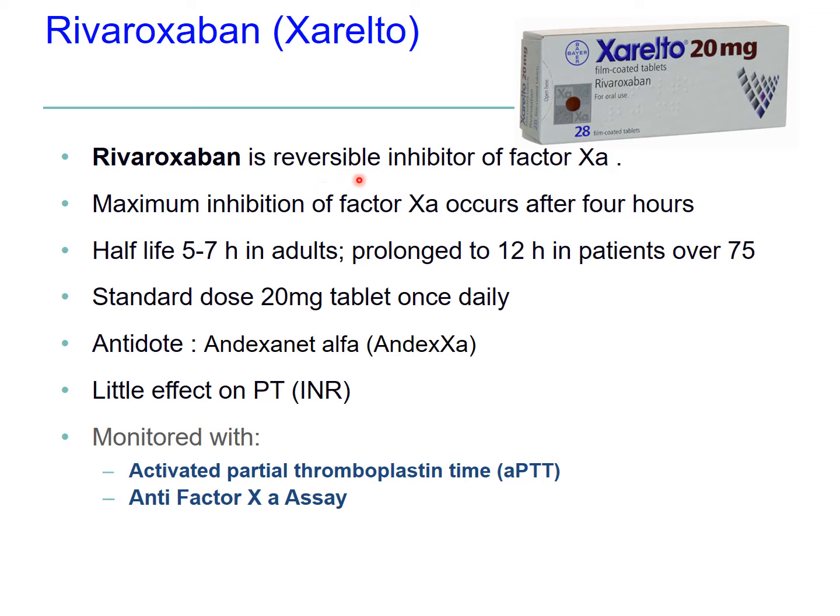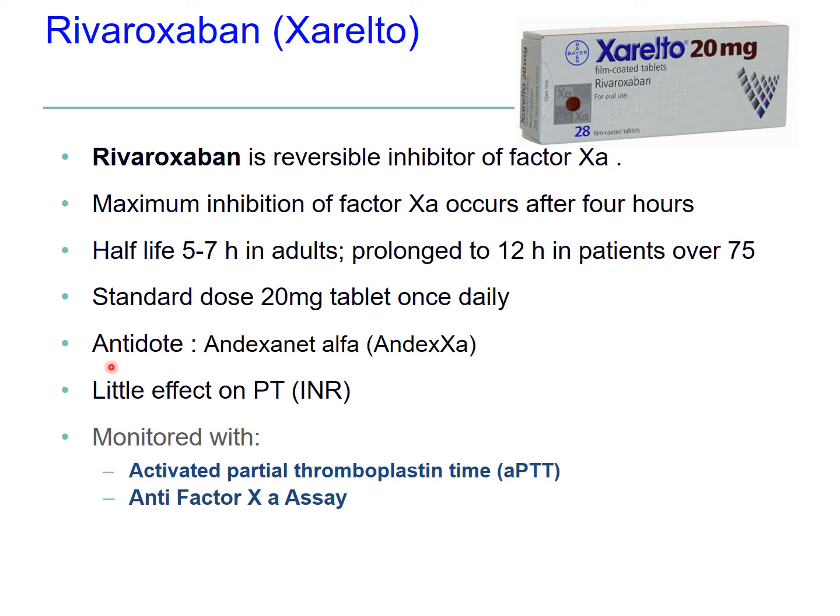Rivaroxaban is a reversible inhibitor of factor 10, so that's where both the intrinsic and common pathways converge. The commercial preparation is Xarelto. Half-life of 5 to 7 hours in adults, prolonged to 12 hours in patients over 75. Standard dose 20 milligram tablets once daily.